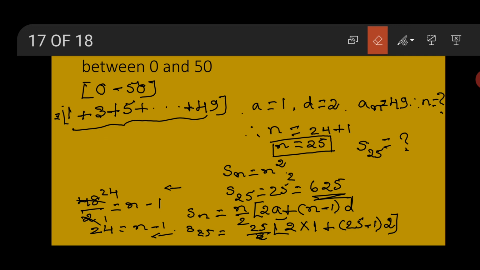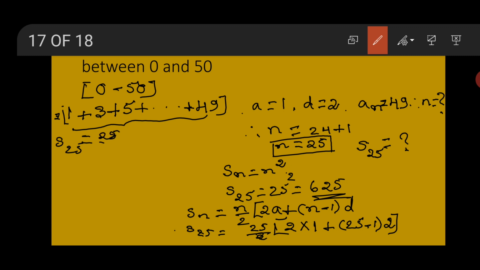Simplify this. S25 is equal to 25 by 2 into 2 ones are 2 plus 25 minus 1 is equal to 24. 24 twos are 48, right?